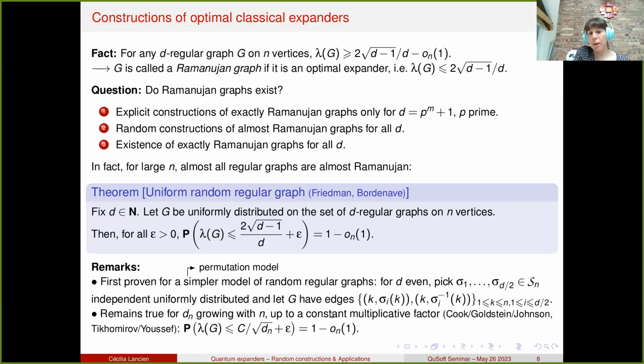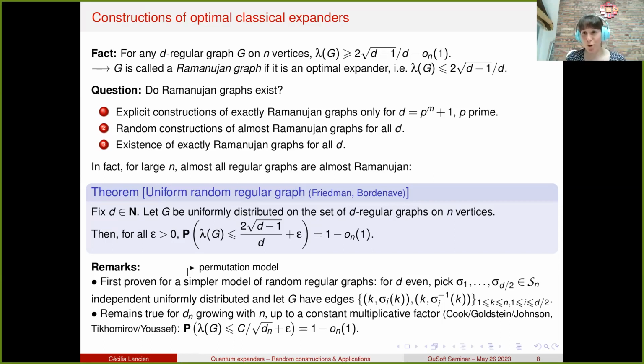It has been proven, potentially up to losing this optimal constant 2, that the result remains true for any degree d_n that potentially grows with n. With probability going to 1 as n grows, this parameter lambda of G is of order 1 over square root of d_n. So this order of magnitude is true even for a degree that grows with n.